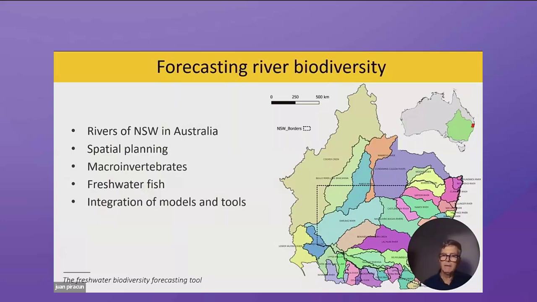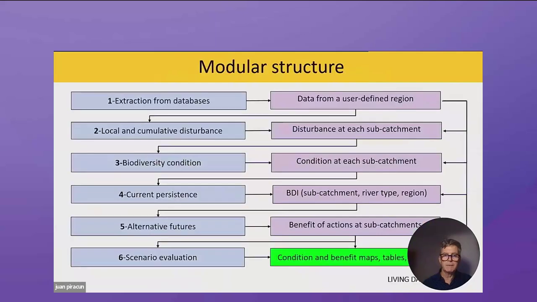The extent of the modelling exercise we undertook was the entire catchment of the rivers of New South Wales, covering an area of about 1.7 million square kilometres, and that's roughly 1.5 times the size of Colombia. The tool incorporates multiple datasets, macroinvertebrates, fish, various tools and models developed at different times for different purposes.